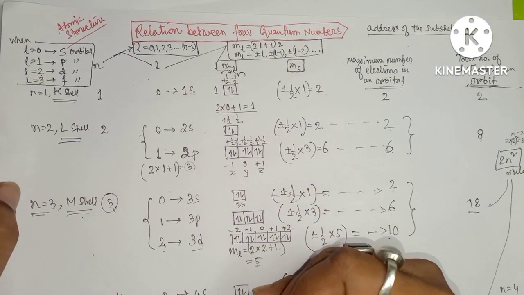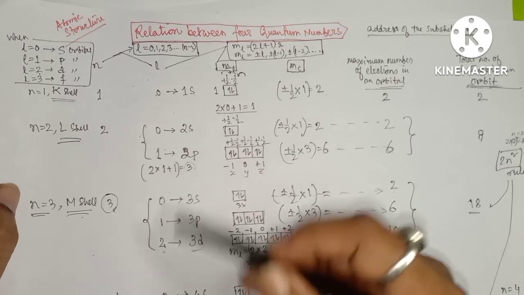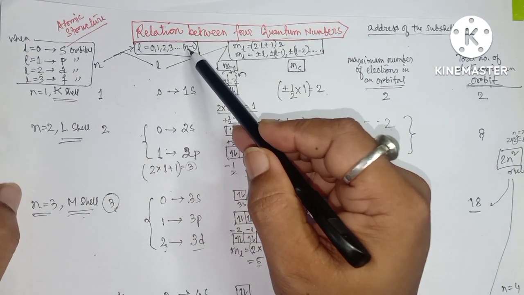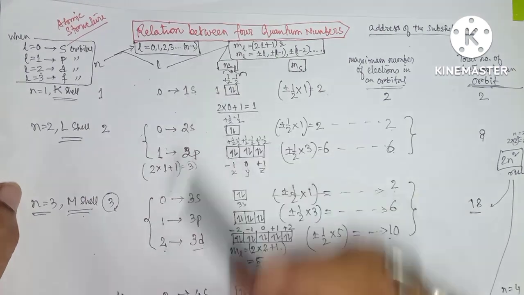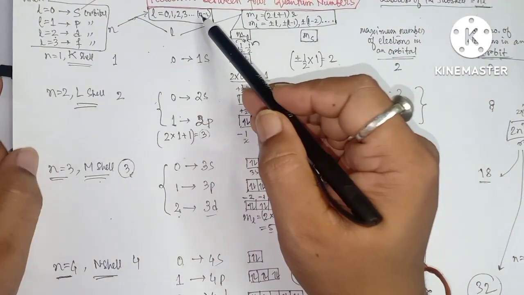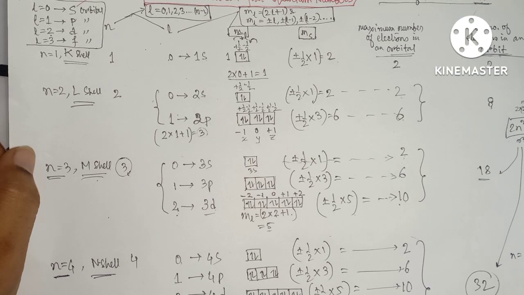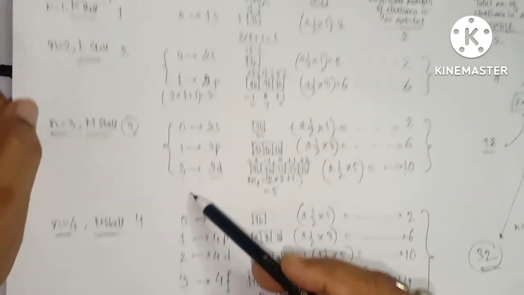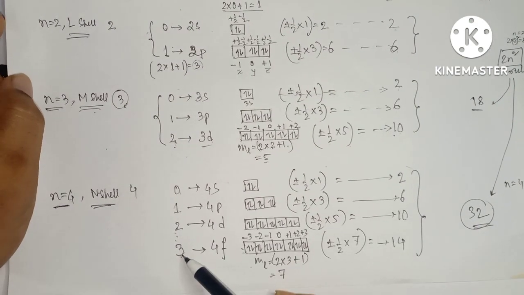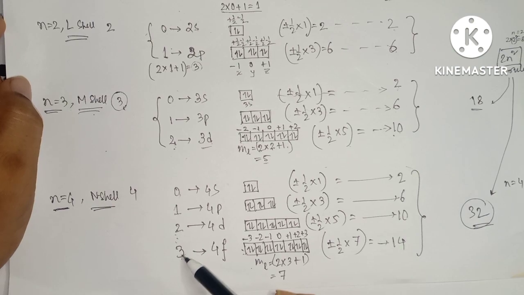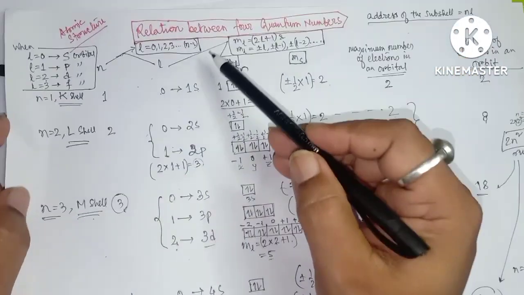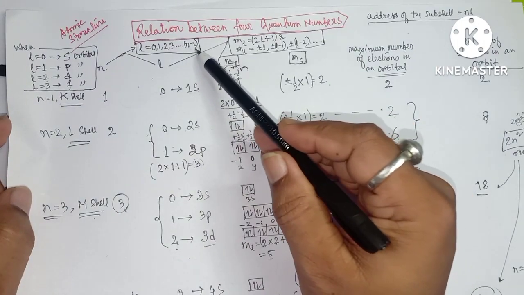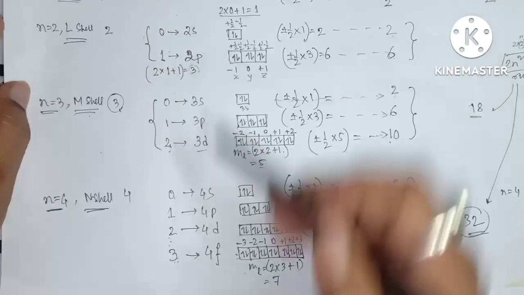How can we get the value of L is equal to 1? You put n is equal to 2, 2 minus 1, you get 1. 3 minus 1, you get 2. Just like before, nothing new. And for 3, that is 4 minus 1, what will you get?